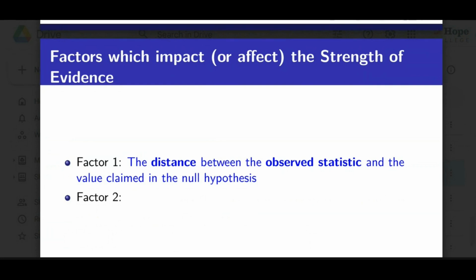That's simple. Can anyone tell me what they think factor number 2 is? This is just talking about distance. Anyone have any guesses? Before I tell you the answer, what do you think is the second factor that affects strength of evidence? We've talked about distance. Have I just been talking about something else that affects strength of evidence?